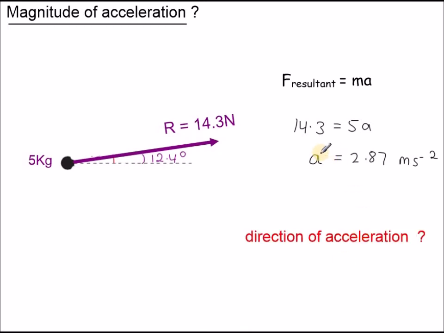So acceleration being a vector will have magnitude and direction. Now the direction does not have to be calculated, it's exactly the same as the resultant force. It will be 12.4 degrees above the horizontal.